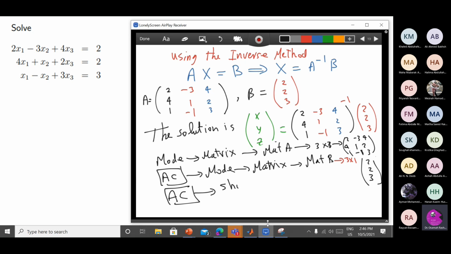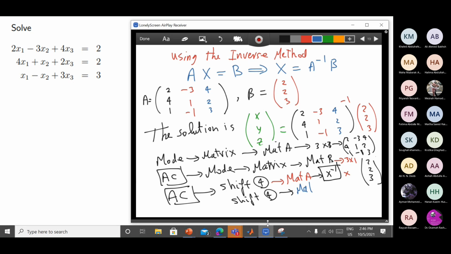You go for shift and 4, and then you retrieve mat A, so choose mat A and press the key X minus 1, and then press the key multiplication, and then shift and 4 and mat B. Now you press equal.